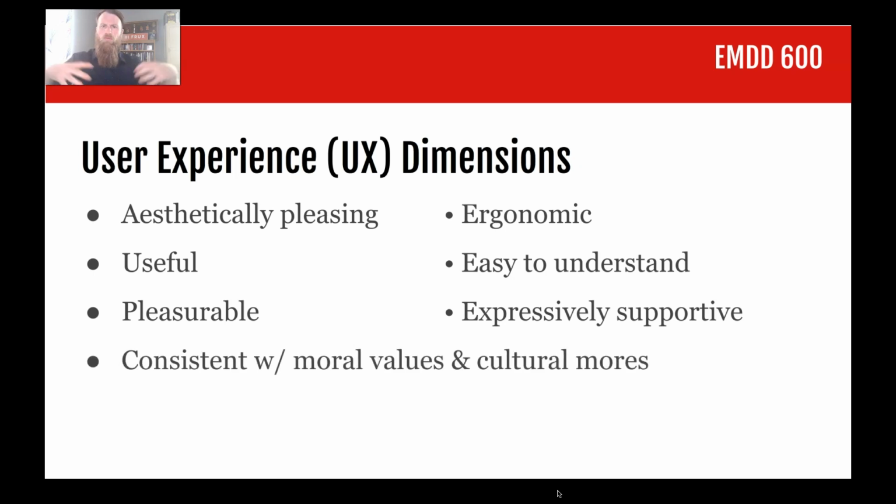Maybe going a little broader, is the system consistent with moral values and cultural mores? So the culture that the user is approaching the system from within, is it consistent with their moral values and their understanding of right and wrong and things like that? And then, is it informationally valuable? This ties into being useful, right?